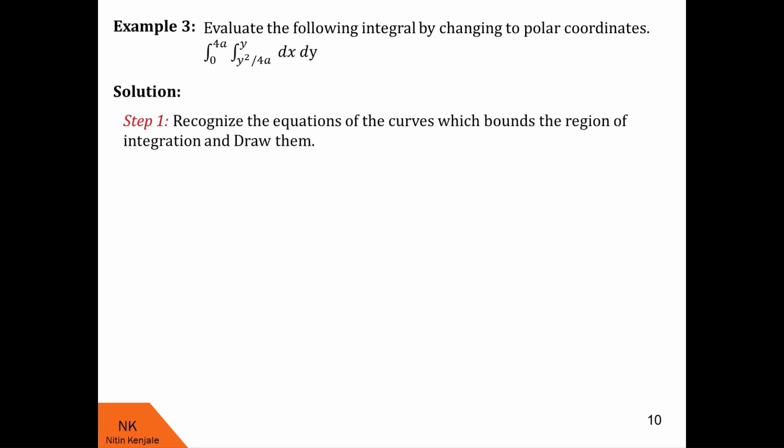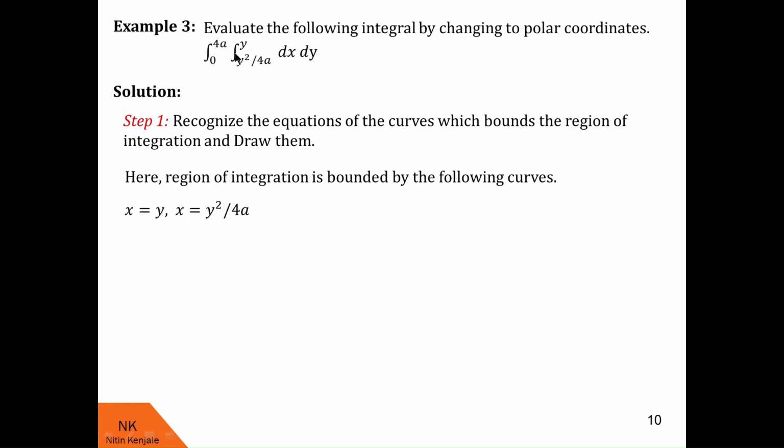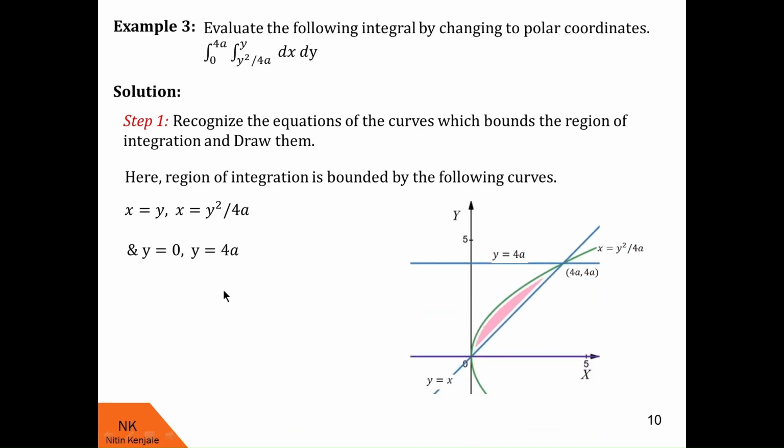In step 1, we recognize the equation of curves which bounds the region of integration and then we draw them. Here the region of integration is bounded by x is equal to y square by 4a, x is equal to y, y is equal to 0 and y is equal to 4a. Let's draw these curves on Cartesian plane.